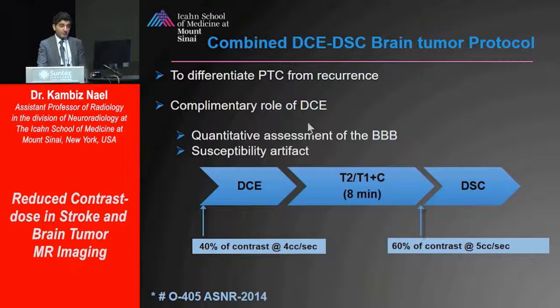I like to use the complementary role of DCE in order to evaluate the blood-brain barrier integrity, and also where susceptibility artifact can be problematic, I like to use the DCE to help me interpret my clinical images. So again, we need 2 injections here, and I use a standard dose of 0.1 millimole per kilogram. I use 40% of that solution to accomplish my DCE, and then the remainder 60% to accomplish my DSC at the end of the examination.